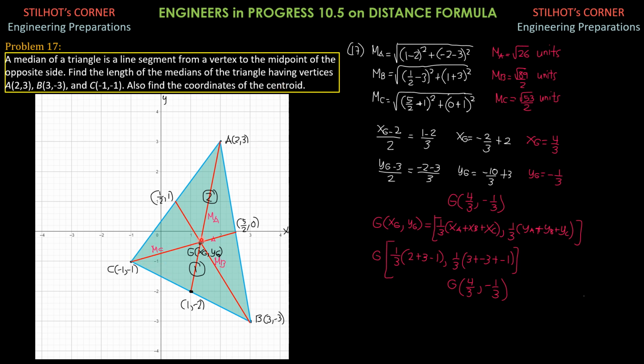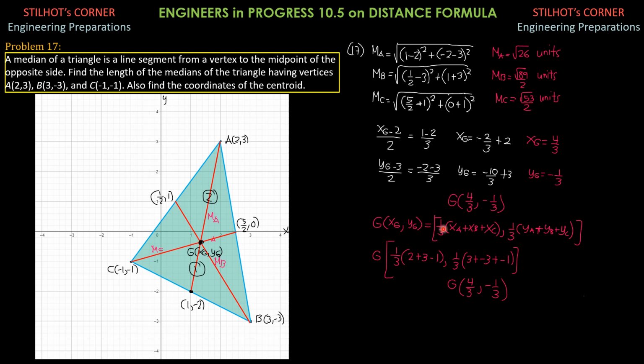I derived the formula for the centroid as 1/3 of quantity x1 plus x2 plus x3, or 1/3 of quantity xA plus xB plus xC, and 1/3 of quantity yA plus yB plus yC. So that's the core formula for the centroid of triangles. Only a triangle will have that formula.